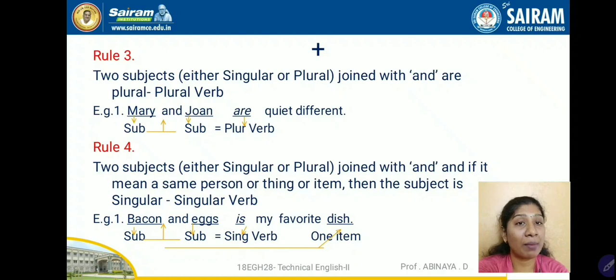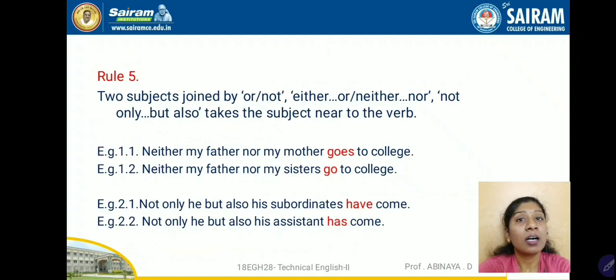So, here the bacon and eggs is considered as the same item. So, we are using is as the singular verb. So, keep that in mind: two subjects connected with and, but meaning different things, you should use the plural verb. And two subjects connected with and, but meaning the same item or thing, obviously you should use the singular verb.